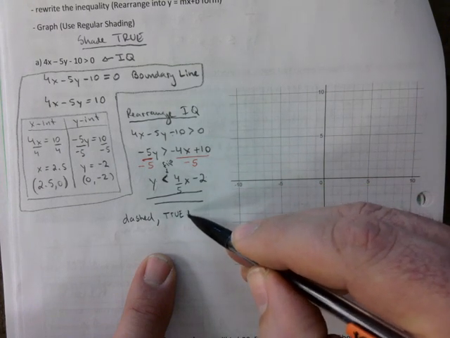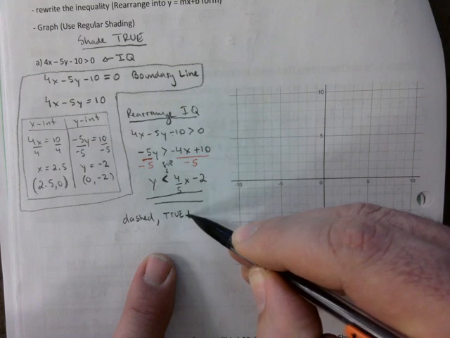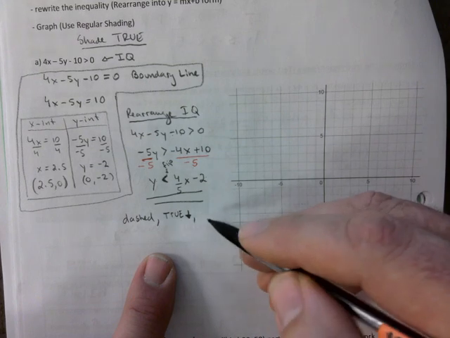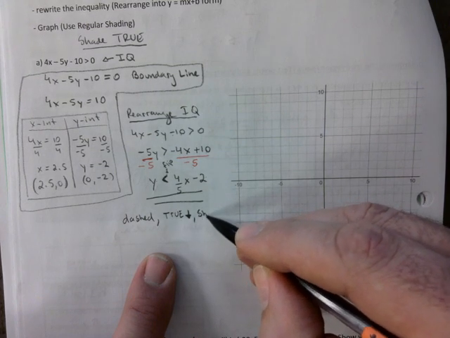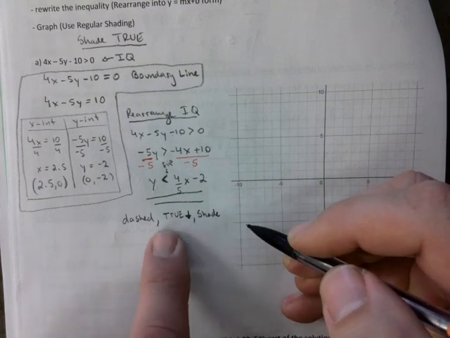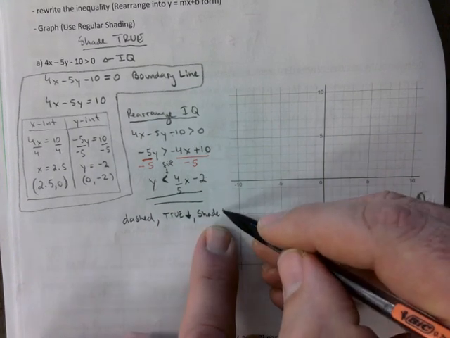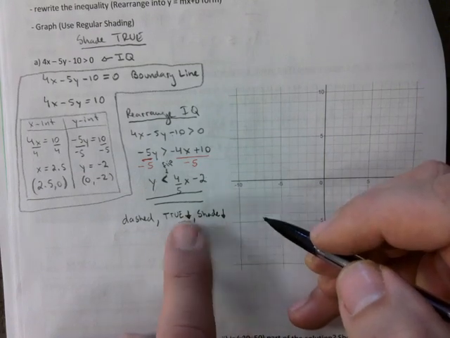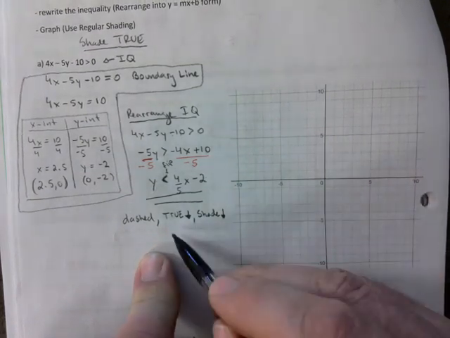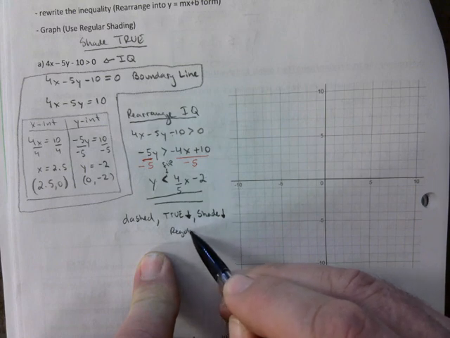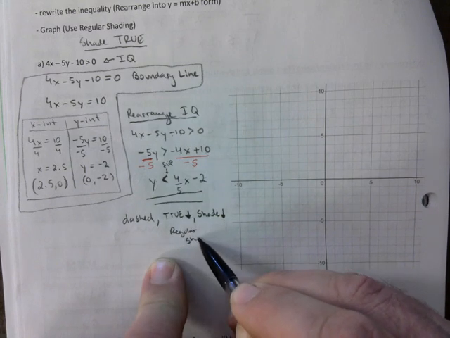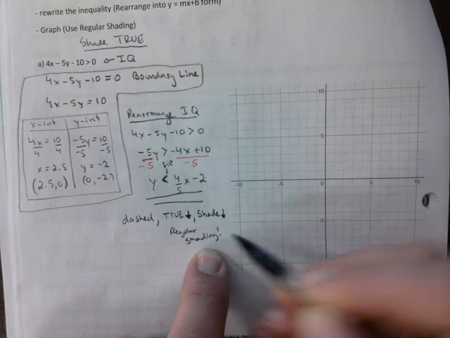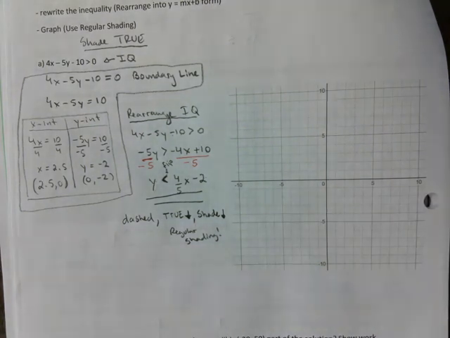True below. So I go arrow like that. And I'm going to shade where? I'm also going to shade below because it's regular shading. Then they match. Regular shading is happening here.